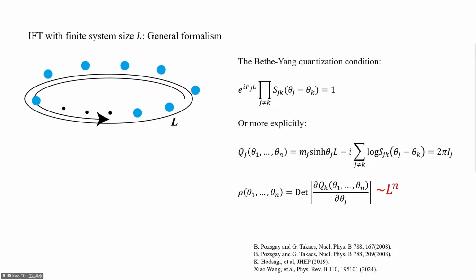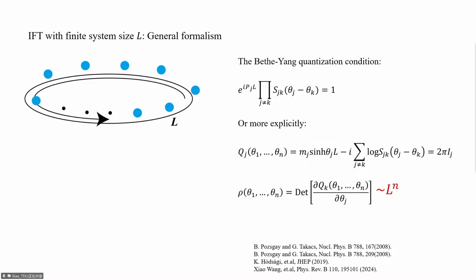If you have some experience with that, you know that you write down the coordinate Bethe ansatz in this form. So the momentum is modified by the logarithm of the phase factor of the S matrix.